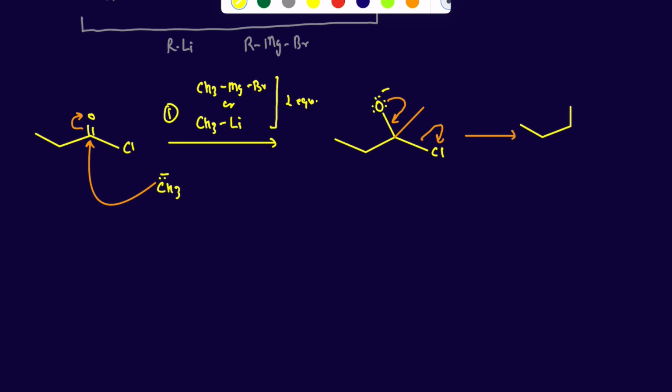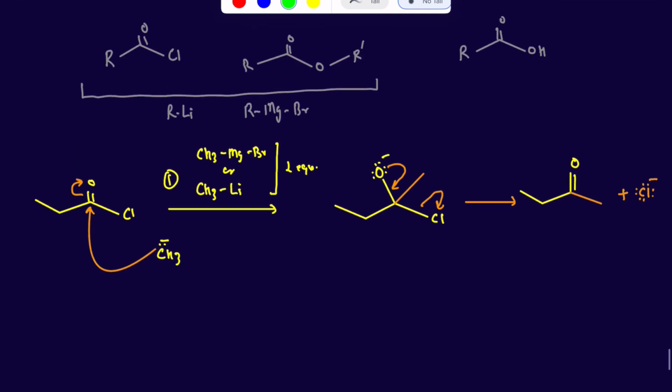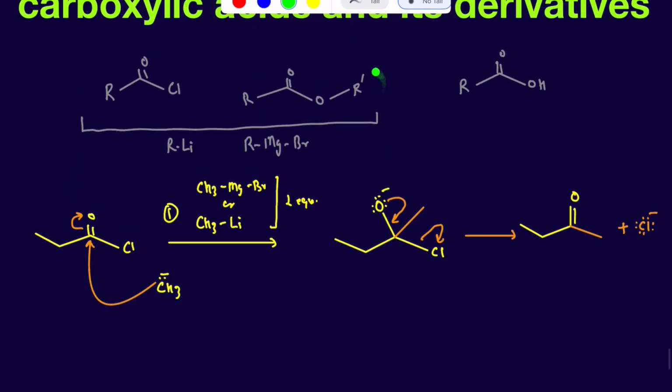I reform this pi bond here where I have attached one of the carbons already and I have the chloride gone here. And if I was using, let's say, an ester, I would have the OR minus gone as opposed to the Cl minus here, because they're both still a leaving group.